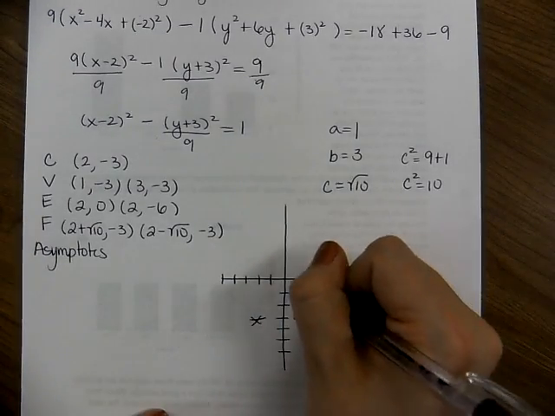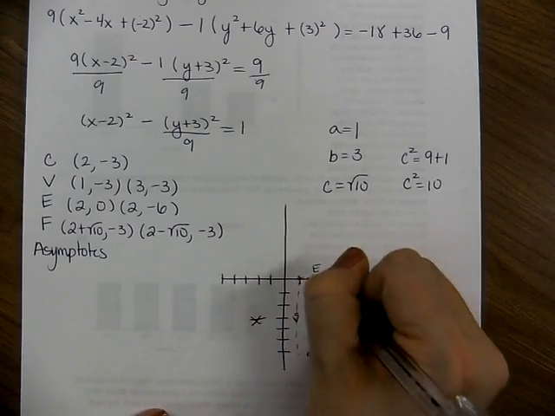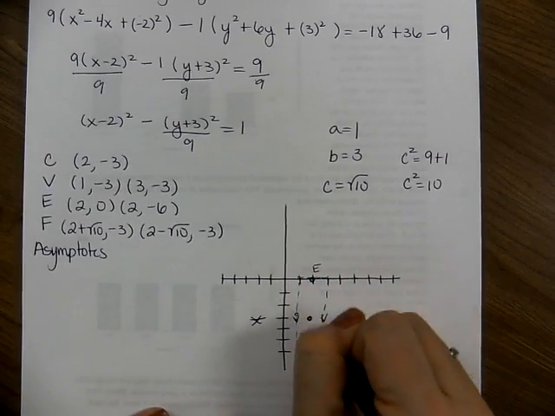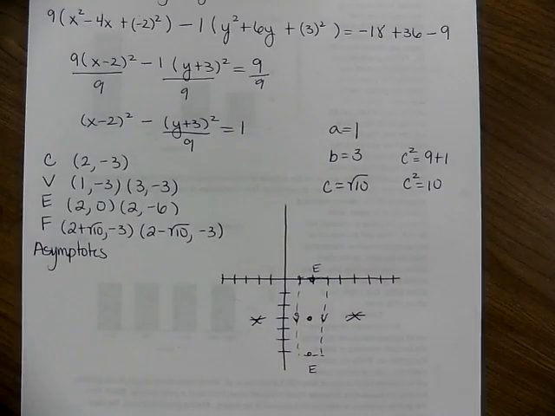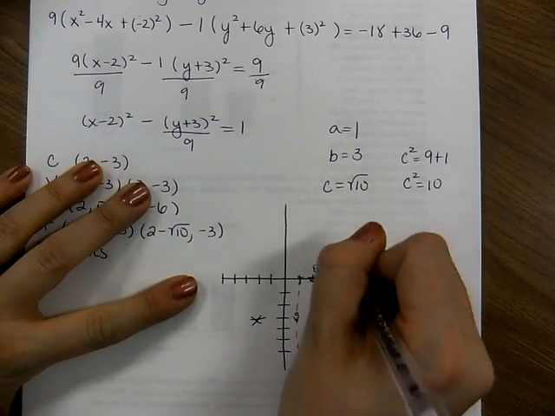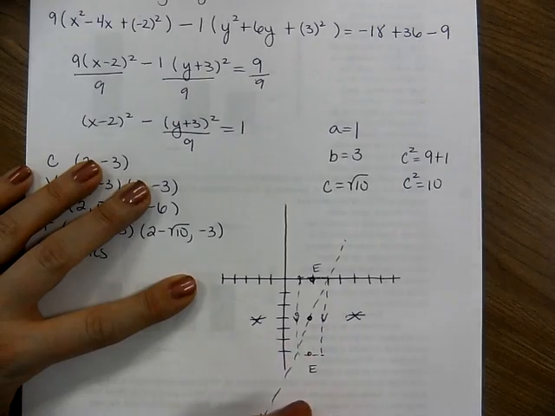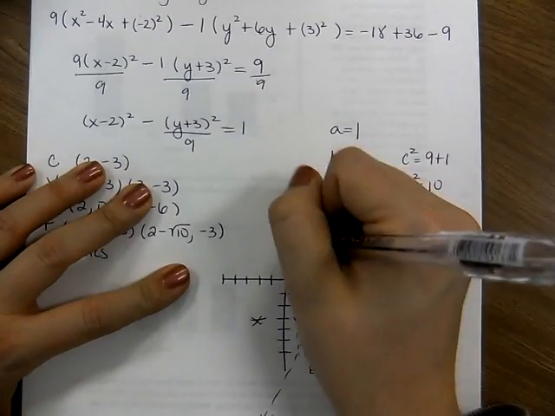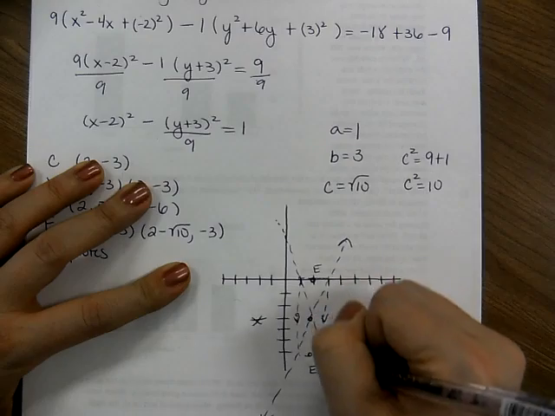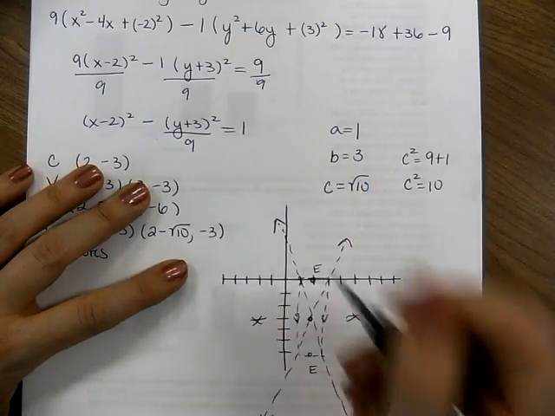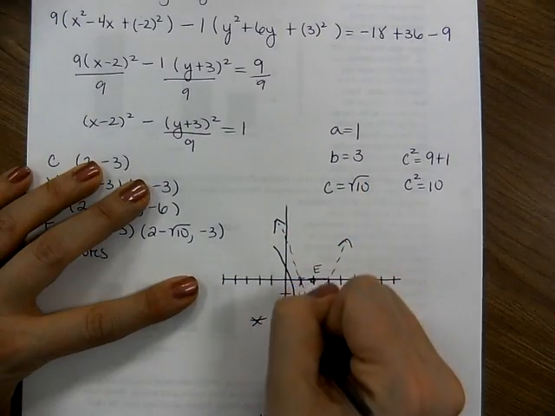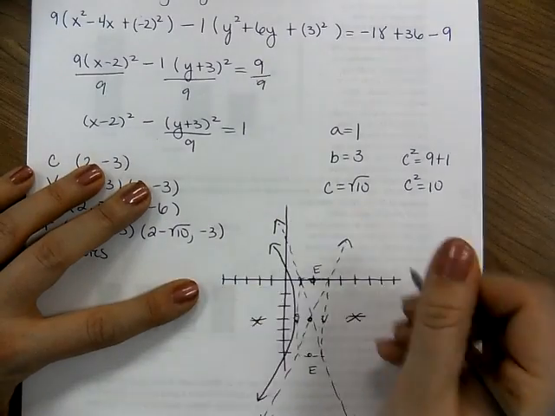I can draw this box in now. I can draw my rectangle so that way I can form those asymptotes. Okay, so I'm drawing this in. And this one. I can now form those curves, creating those branches of the hyperbola.